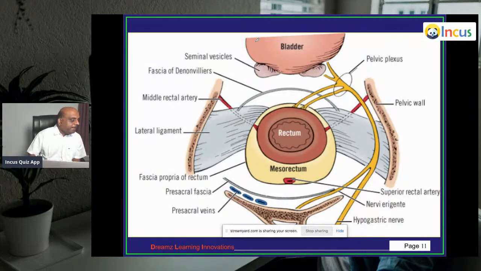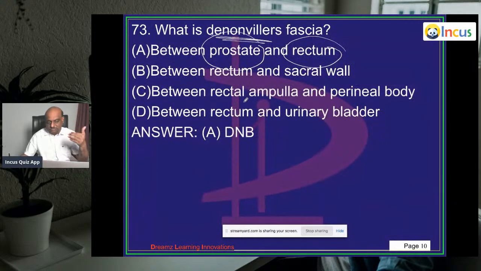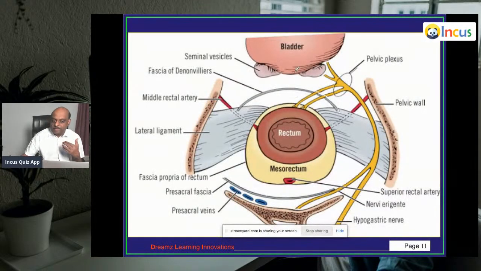Good to see Manali Gaur. Keep punching the answers. So Denonvilliers' fascia is anterior to the rectum. That is the reason it is typically there. What is anterior to the rectum? Bladder, seminal vesicles, prostate, everything.